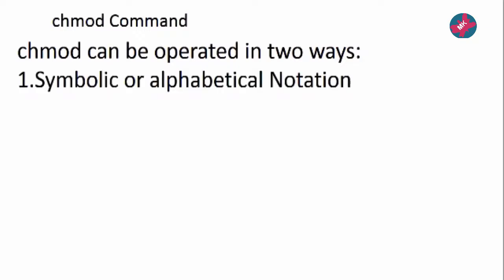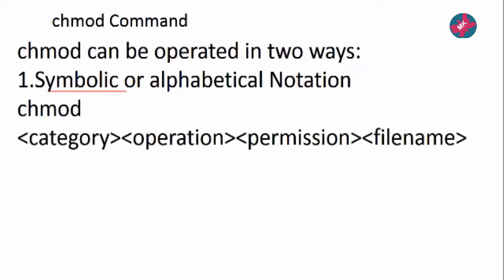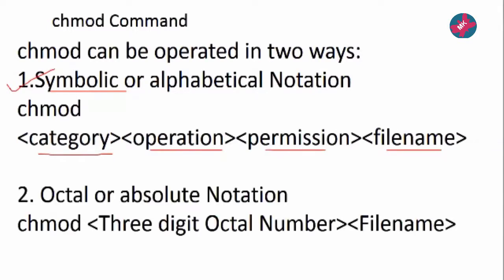The chmod command can be operated in two ways. First is the symbolic or alphabetical notation. Its syntax is: chmod command, category, operation, permission and the file name. Then the second method is the octal or absolute notation.